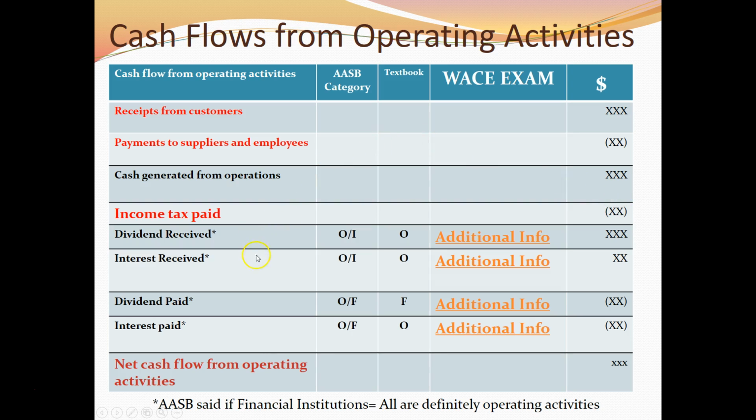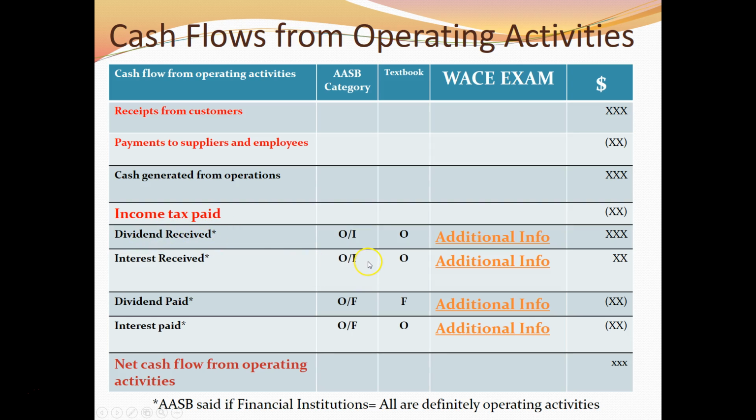Things like dividend and interest, whether received or paid: ASB's category can be all operating activities, or it can be investing. Investing activities would be when you invest in shares, you get dividend.